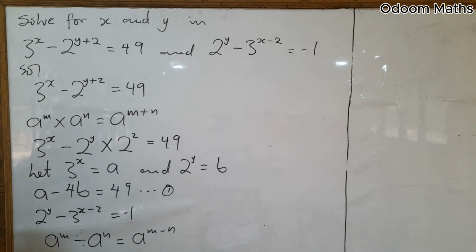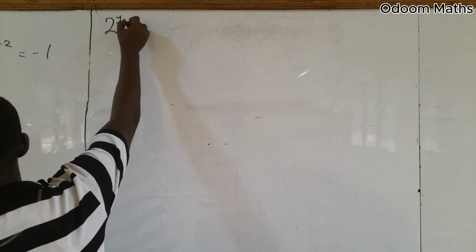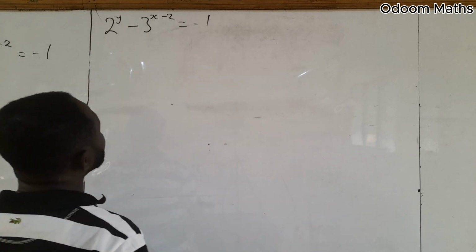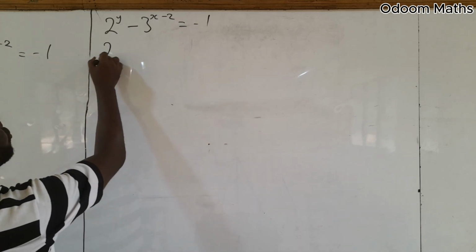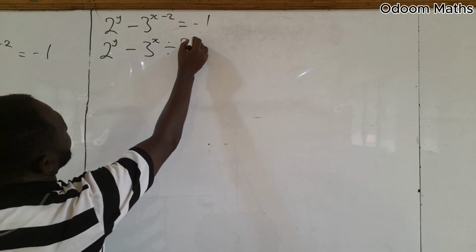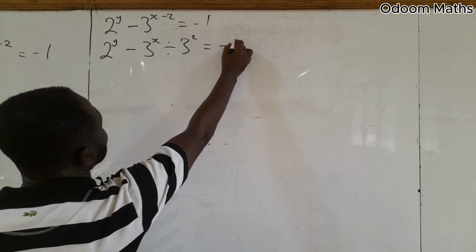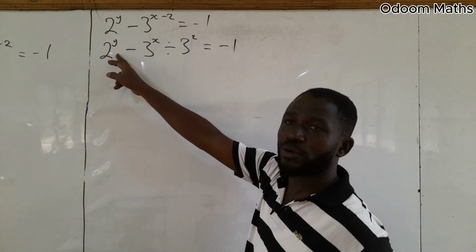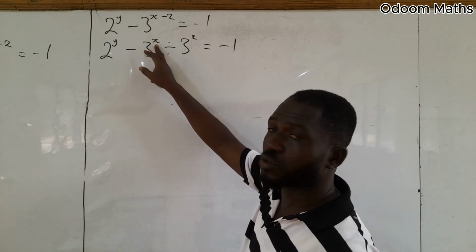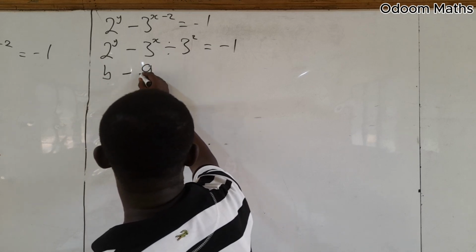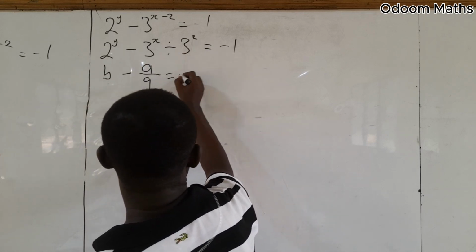So we can see that the second law of indices is being applied here. 2 to the power y minus 3 to the power x minus 2 equals negative 1 can be written as 2 to the power y minus 3 to the power x divided by 3 to the power 2 equals negative 1. We said when we see 2 to the power y, we should put b there, and for 3 to the power x we should put a there. So this is going to be b minus a divided by 9 equals negative 1.